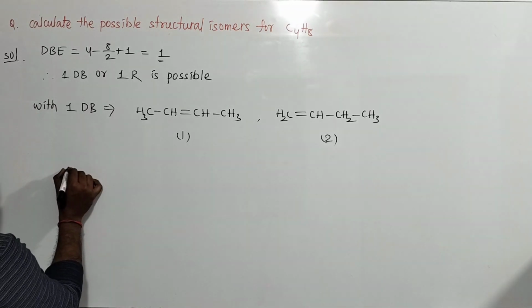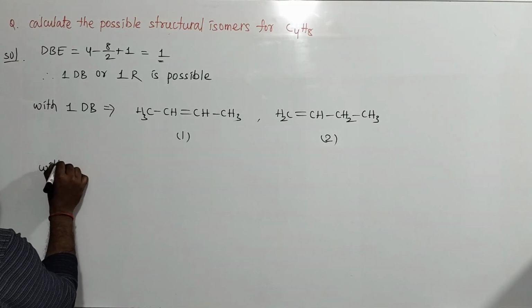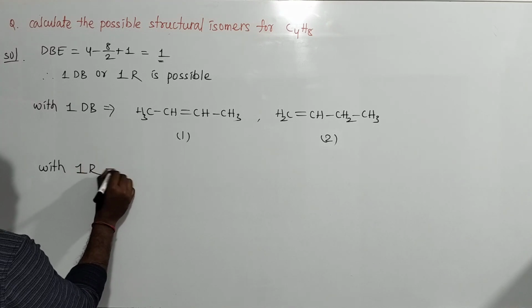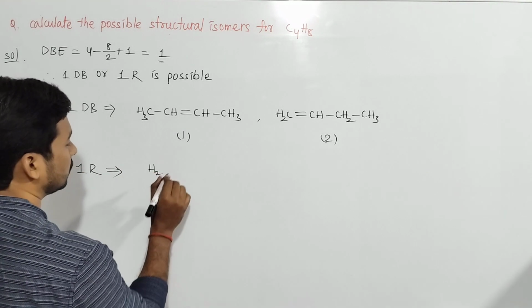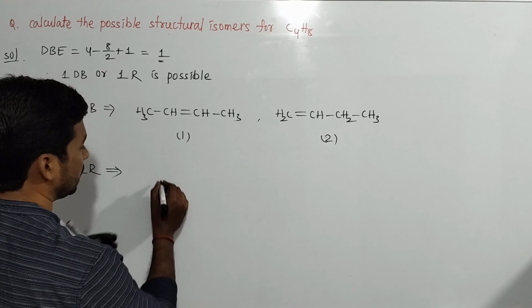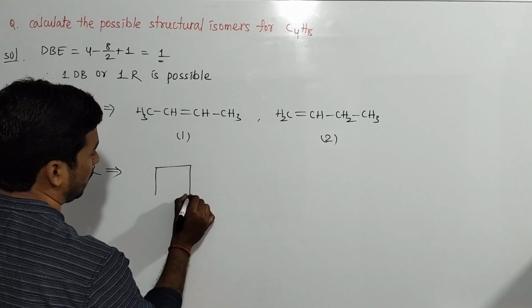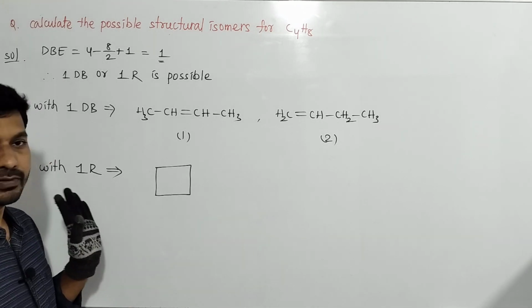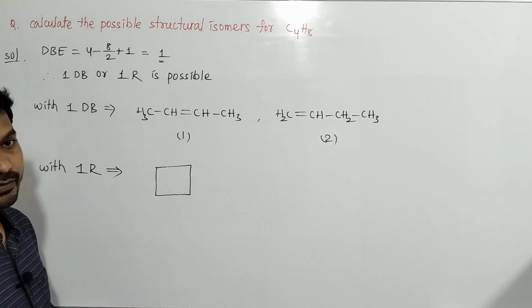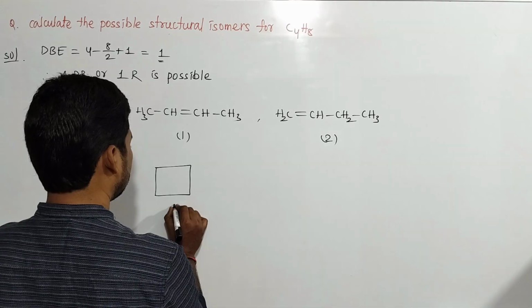Next, with 1 ring, C4H8. So take the bond line formula, that is very simple and becomes fast. CH2, CH2, CH2, CH2. 4 carbon atoms, 8 hydrogen atoms. This is the third one.